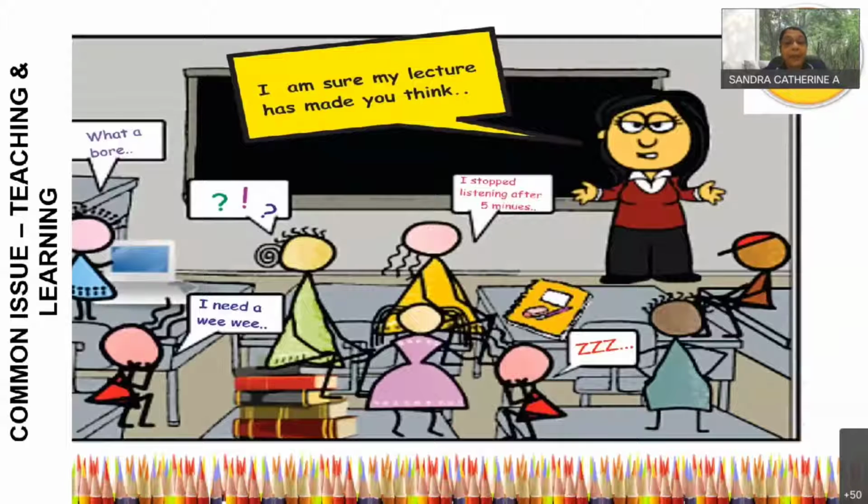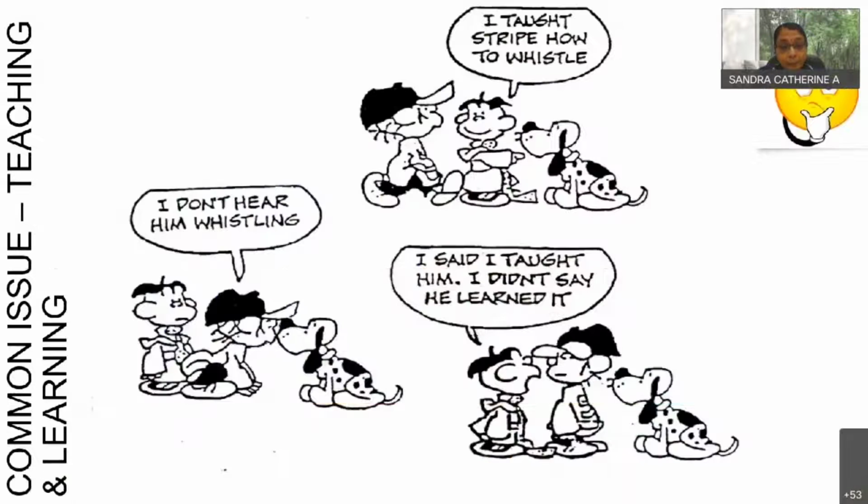And some even give a blurred facial expression, because you do not know whether they understand or not. And some just keep quiet, and there is no feedback from the students. And this has been the traditional teaching and learning style.